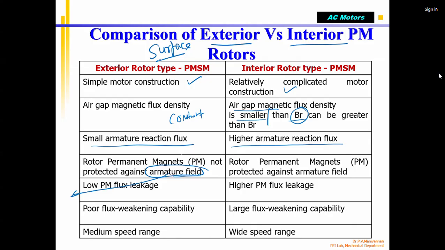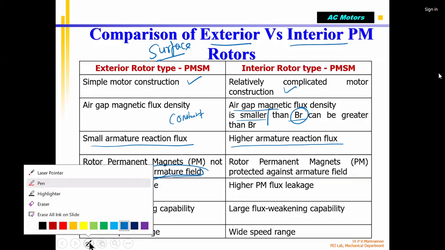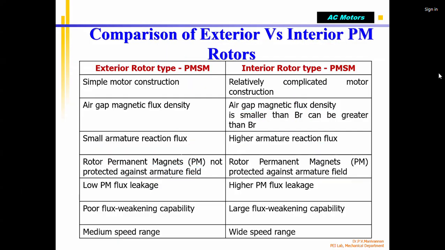Okay, so the rotor permanent magnet is not protected against the armature field or stator field. And here it is protected because of the magnets; you can write it as the stator field. We need not get confused.